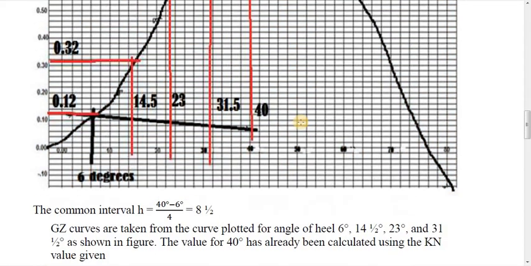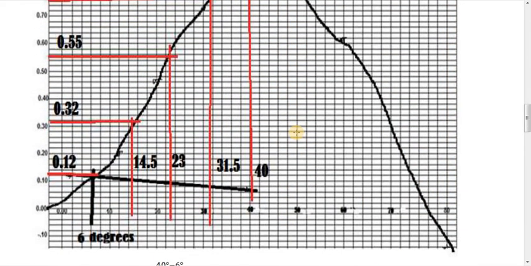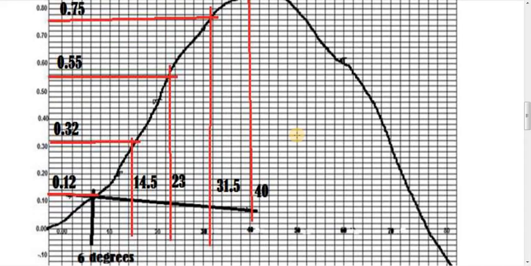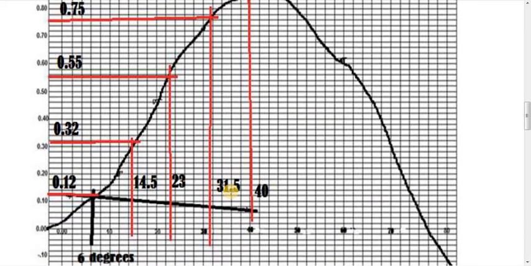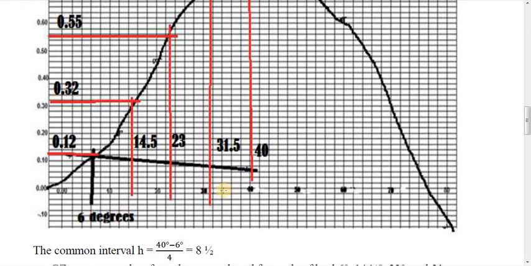Okay, intersecting the curve that was already created from the previous calculation, we have here the equivalent. For 6 degrees, we have 0.120, which was from the original 0.102 rounded off to 6 degrees.